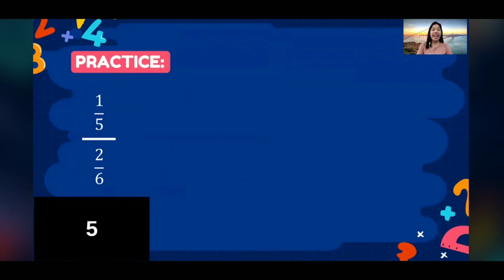For your first item, 1/5 over 2/6. Write it down on your papers. Your timer starts now. So here you have a fraction in your numerator and another fraction in your denominator part.